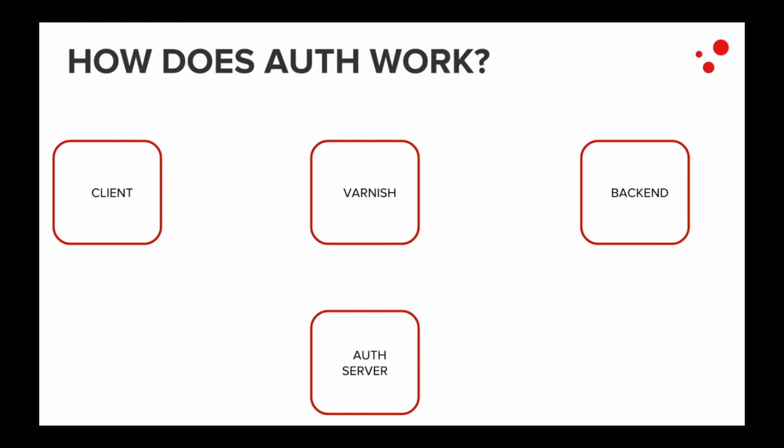Usually you have an anonymous user, and anonymous users are allowed to read up to 10, 15 articles within a month.